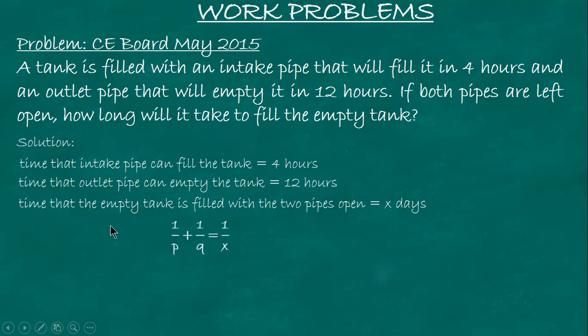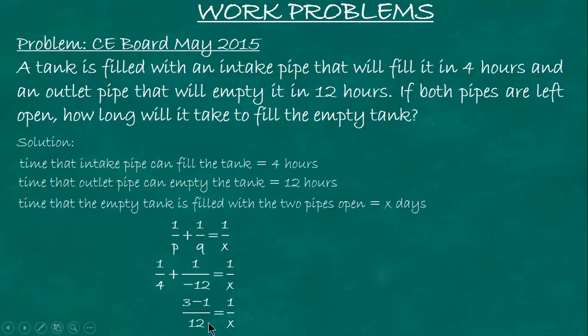So, again, back to the equation. 1 over P plus 1 over Q equals 1 over X. So, substitute 1 over 4 plus 1 over negative 12 equals 1 over X. So, simplify.